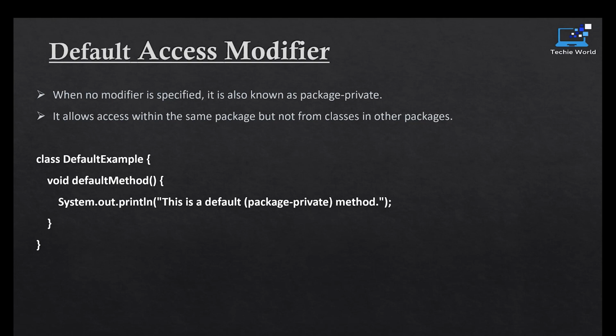Since you are not writing one, it is considered a default access modifier applied to the class. Then within that class, you write a method which prints something. A class with the default modifier can be accessed by other classes in the same package, but not from classes in a different package, because default does not have visibility outside the package.